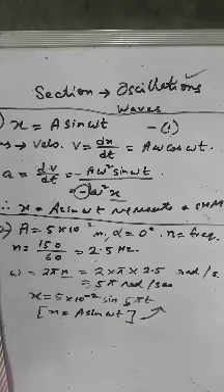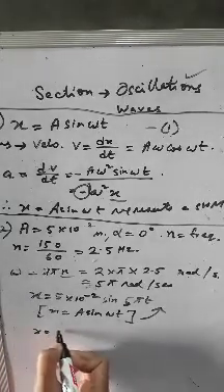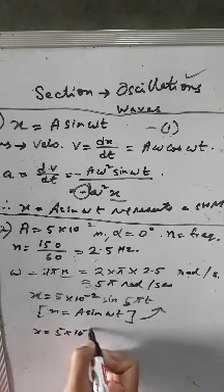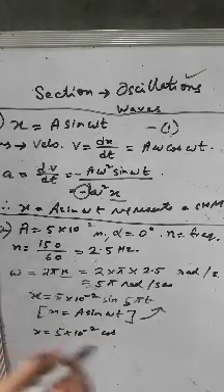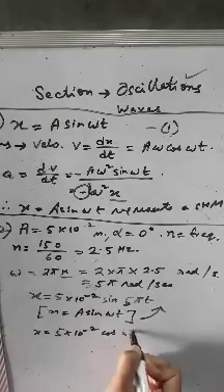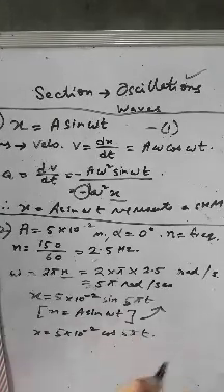In another way, how can we write that? x equals to 5 into 10 to the power minus 2 cos 5 pi t. And it is resembling what?